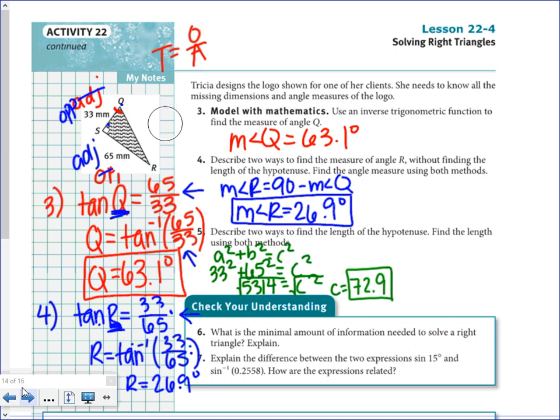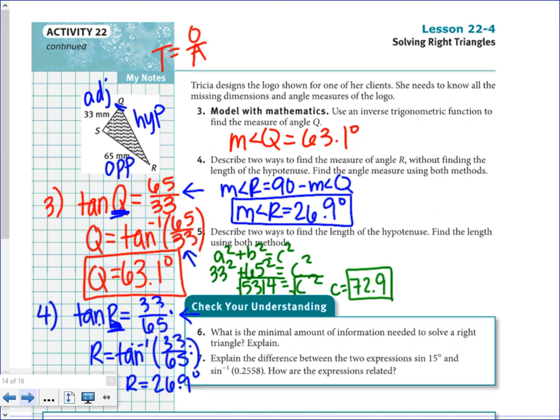So I'm going to erase, because we've got a lot on our triangle right now. I'm going to use angle Q. So I know this is my opposite, this is my adjacent, and this is my hypotenuse. So if you're using Q, you can either use sine or cosine. Either one of those has the hypotenuse in it, which is what we're solving for.